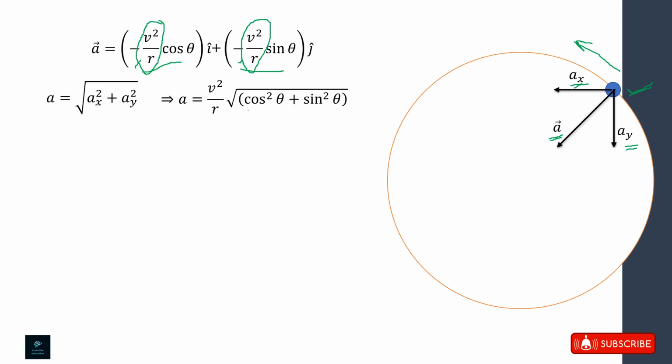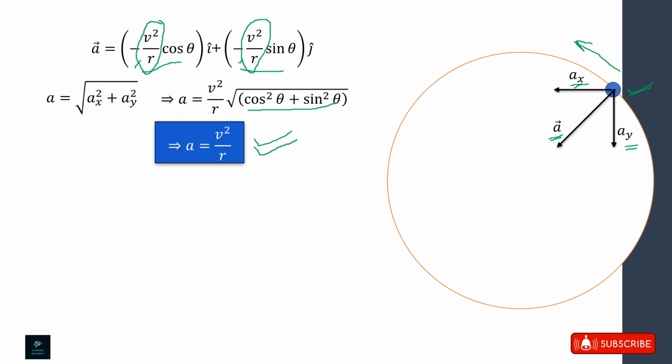Now we know that cos square theta plus sin square theta is 1. Therefore, magnitude of centripetal acceleration A is equal to v square by r.